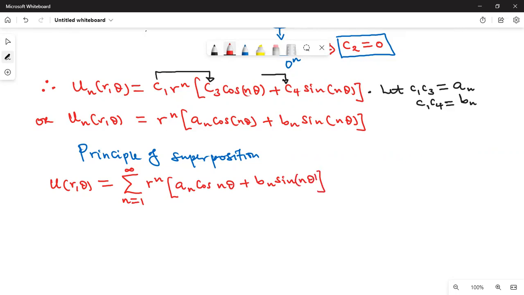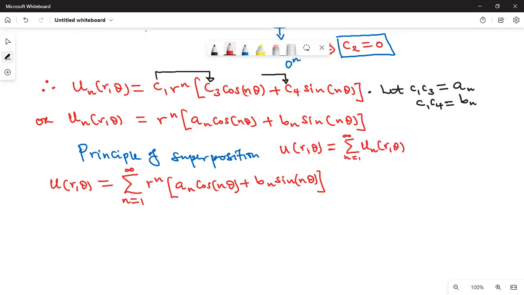In fact, I can put this in brackets. So we are summing. Remember, usually u of r theta is always equal to the sum of those eigenfunctions from n equals 1 to infinity of u_n of r theta.